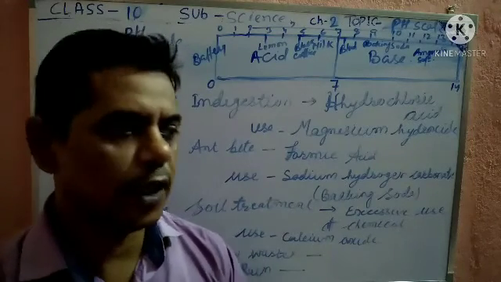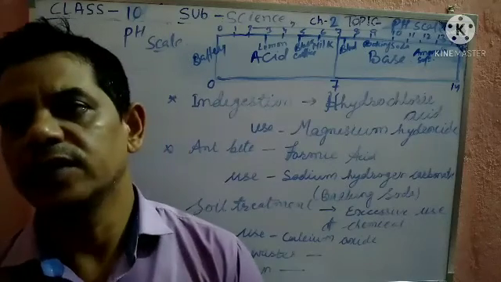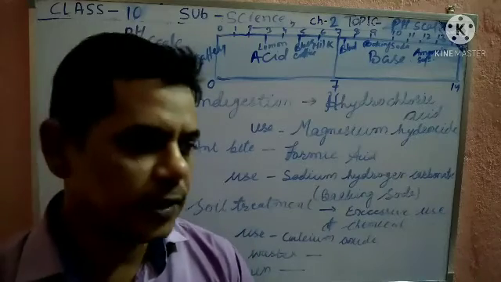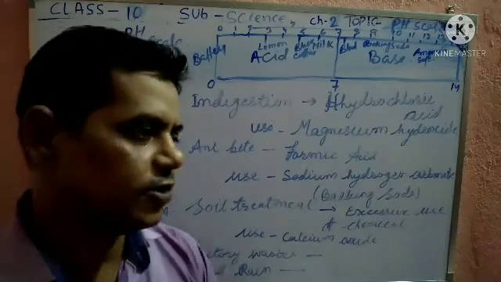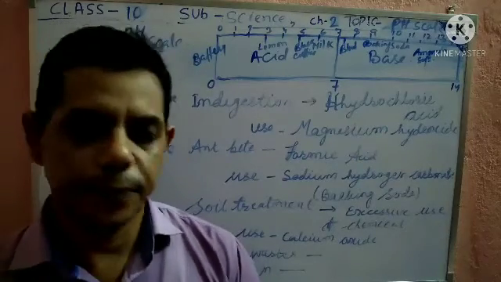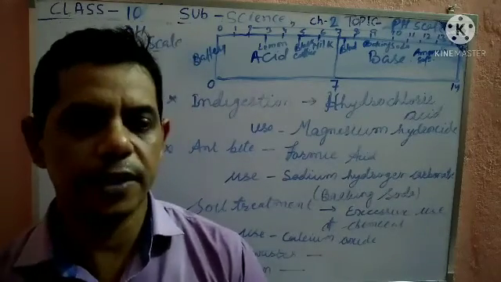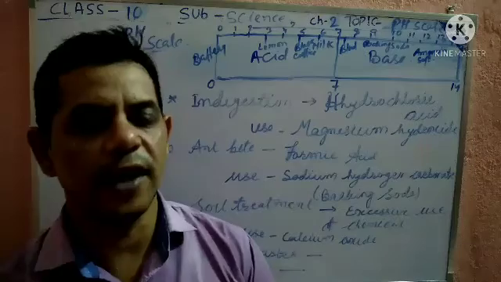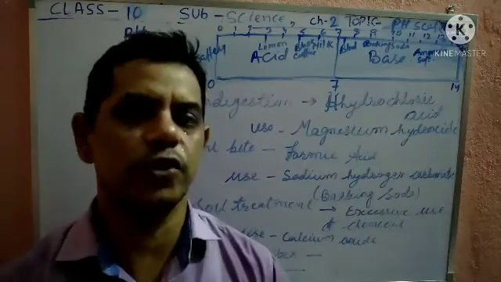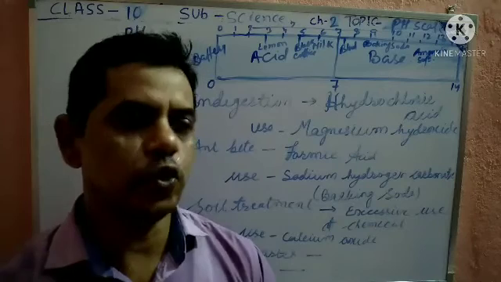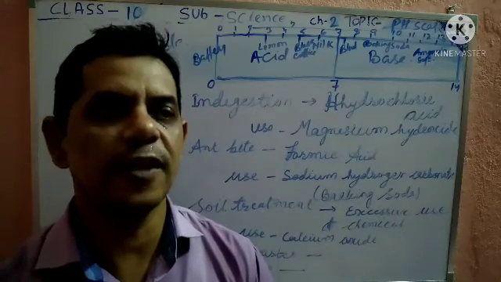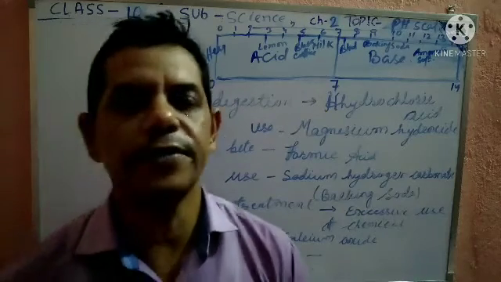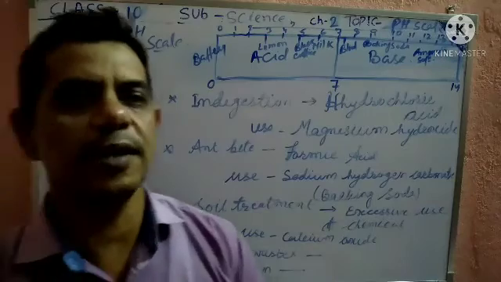The pH value is the power of hydrogen, meaning how much hydrogen is present in a substance. The scale that measures the power of hydrogen in a substance is the pH scale, and it is used from 0 to 14. This scale measures acids and bases, and it is the indicator scale.